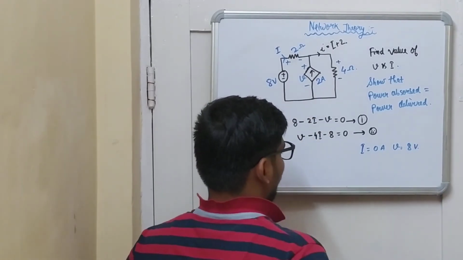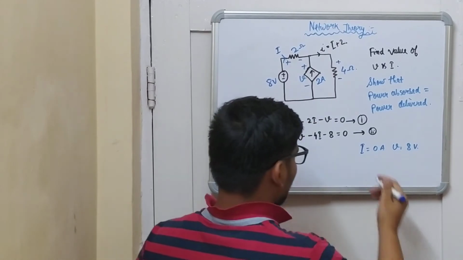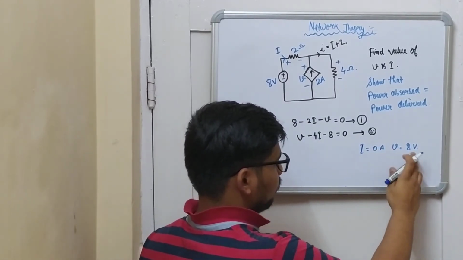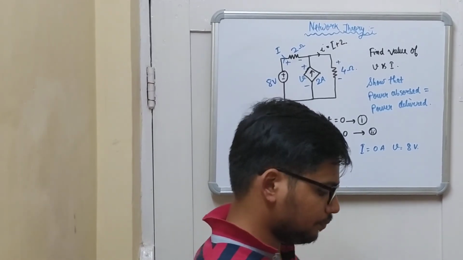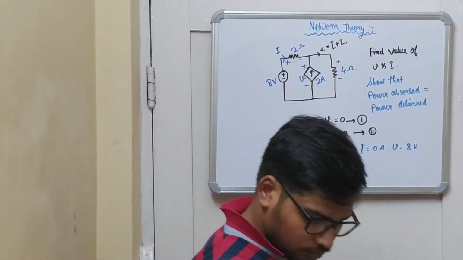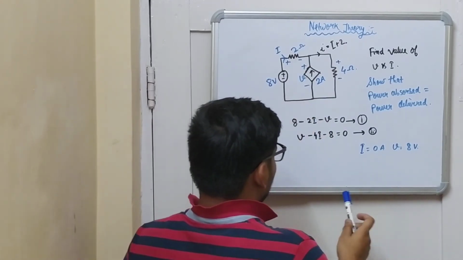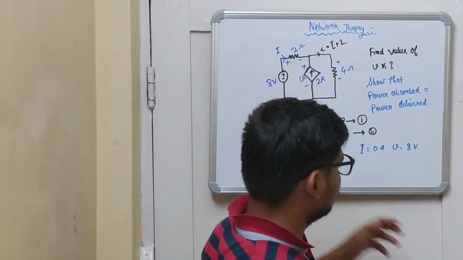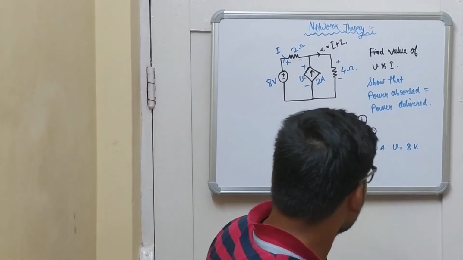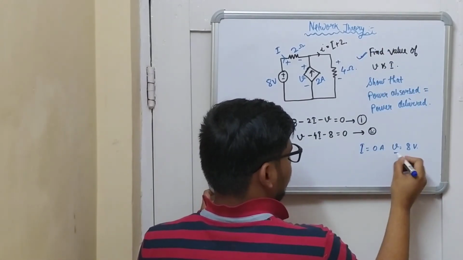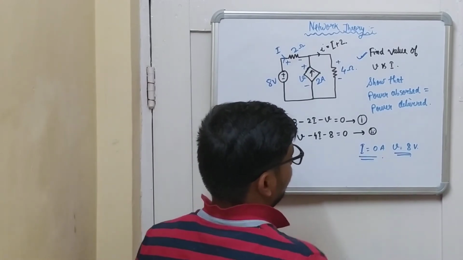So this part is solved: V is 8 volt and I is 0 ampere.